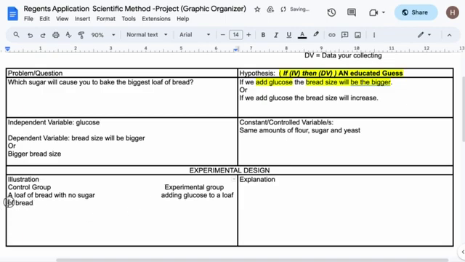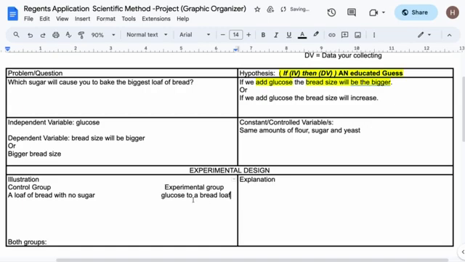Let's move this over. Adding glucose to a loaf. The formatting on this page is a little weird.